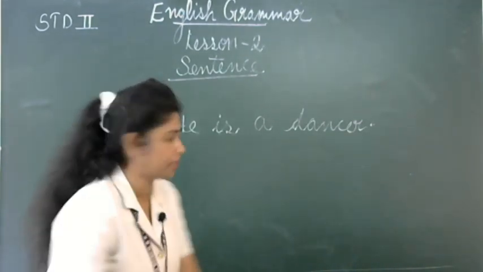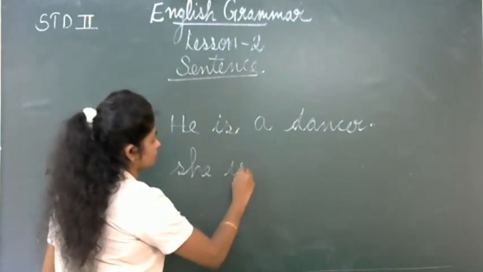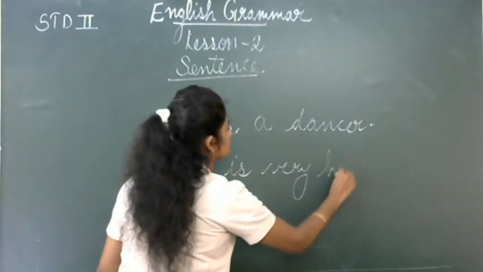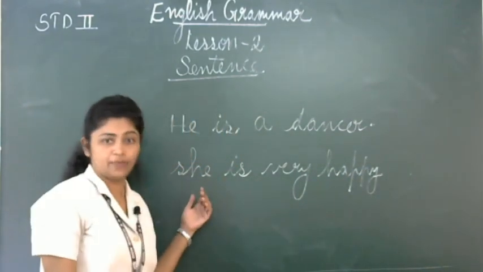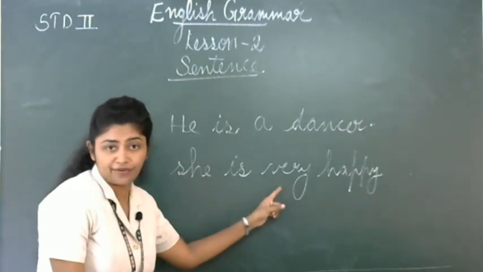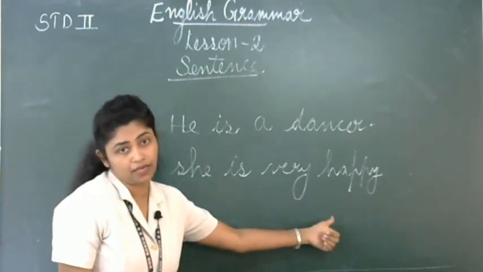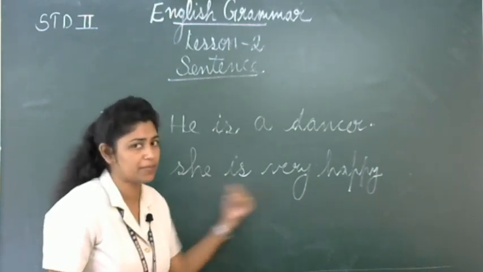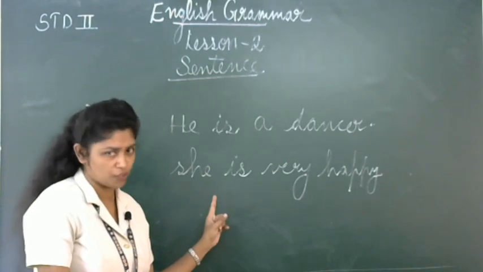Now the second one. Can you please read the second one? She is very happy. You understood what I want to tell you? But is it a complete sentence? When you write a sentence, what should be there?